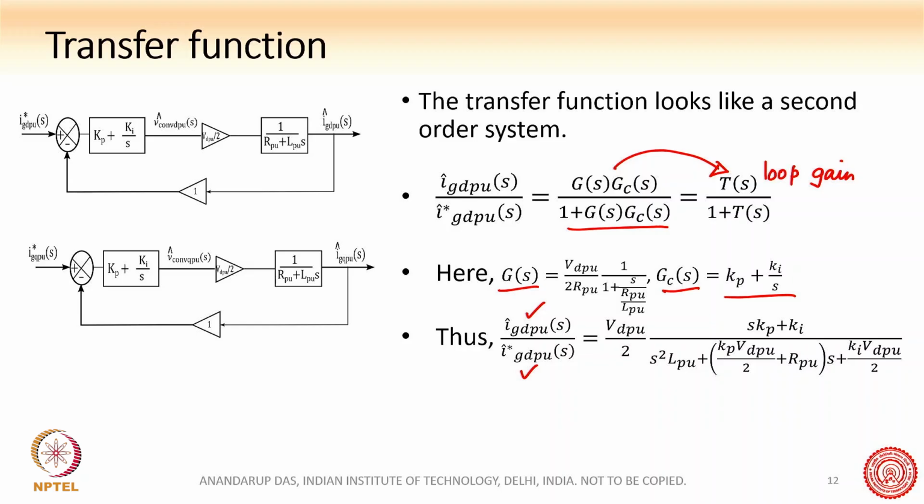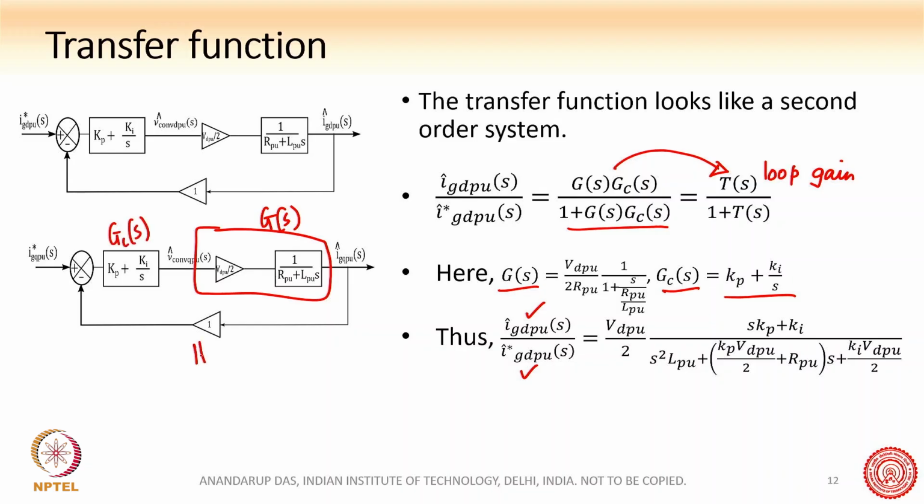Loop gain basically means the gain of the loop. So you have here your GCS, and this is GS, right?